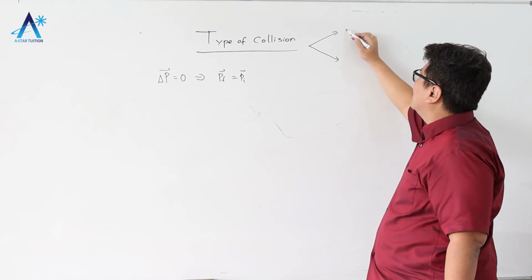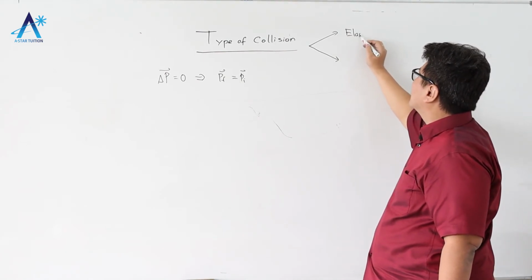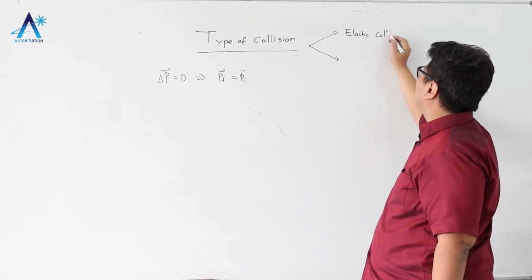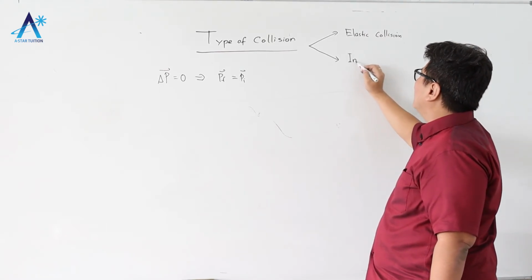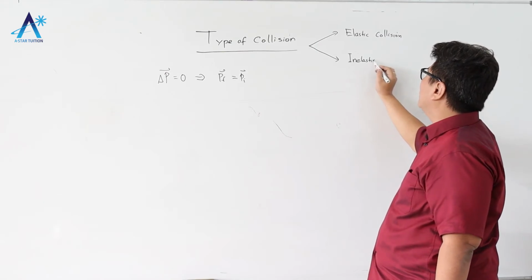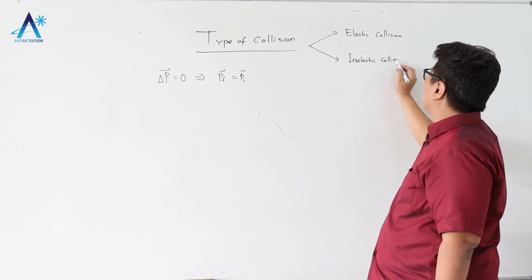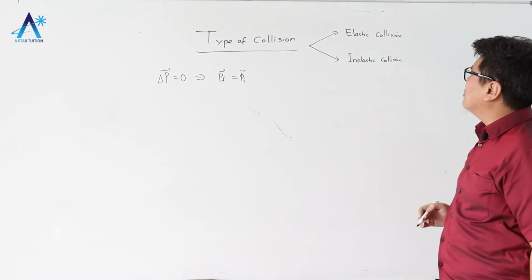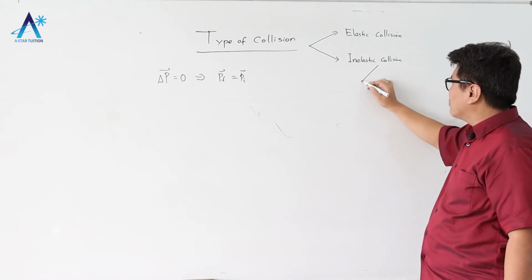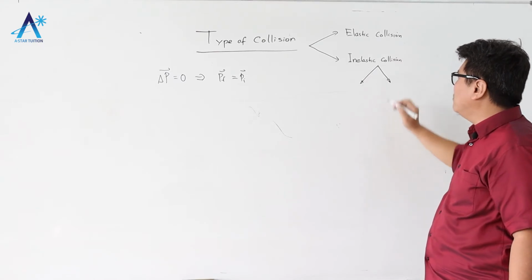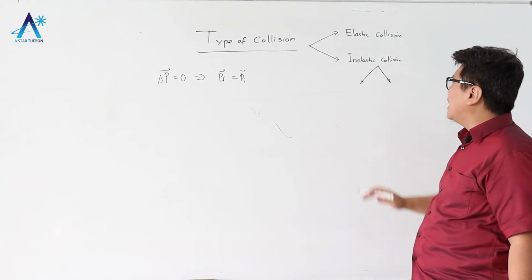First is the elastic collision, and the second is called inelastic collision. For the inelastic collision, we can also divide into two different types.